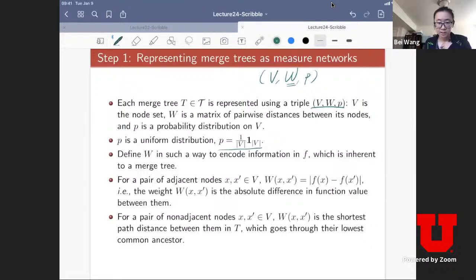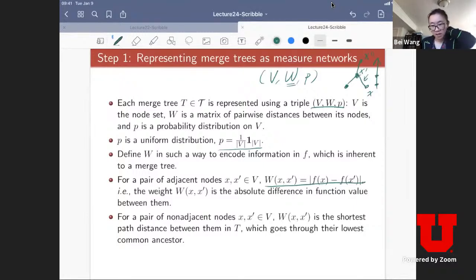In our setting, the weight on a particular edge in the tree is the height function difference between the two endpoints. So the weight between node X and node X prime is the difference between the height values. If I have two nodes that are not adjacent to each other, for example node X and node X double prime right here, then it's the shortest path based on pairwise weights.